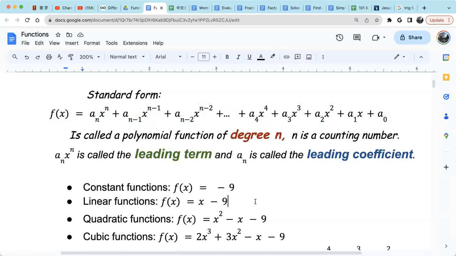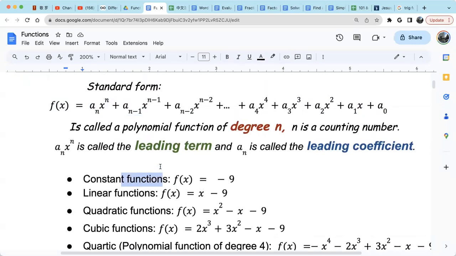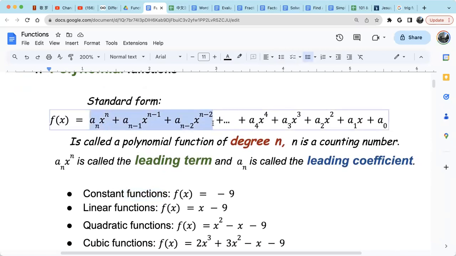Okay, let's see some examples of polynomial functions. The first one is called a constant function. Let's compare with this standard form. So all these a1, a2, up to an are 0, only a naught.